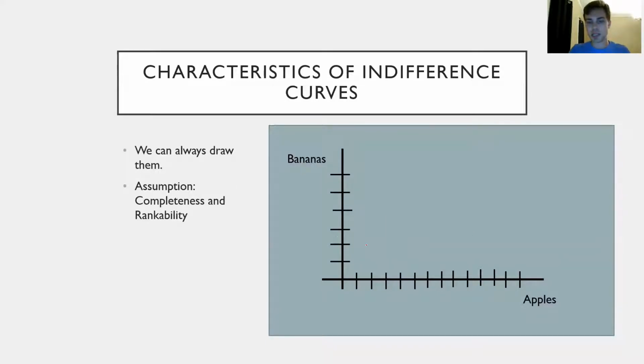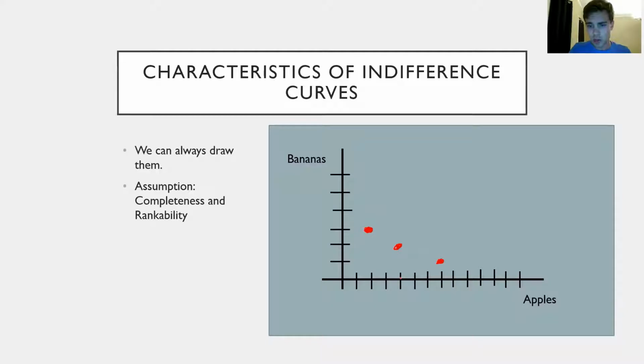And what I mean by this is that we're always going to find, so anywhere in this space where we have bananas and apples, we're going to be able to find points that our consumer is indifferent between, right? So the consumer may be indifferent between these points, and using our assumption of completeness and rankability, any point in this space that we choose, we can rank and compare to a different point, right?